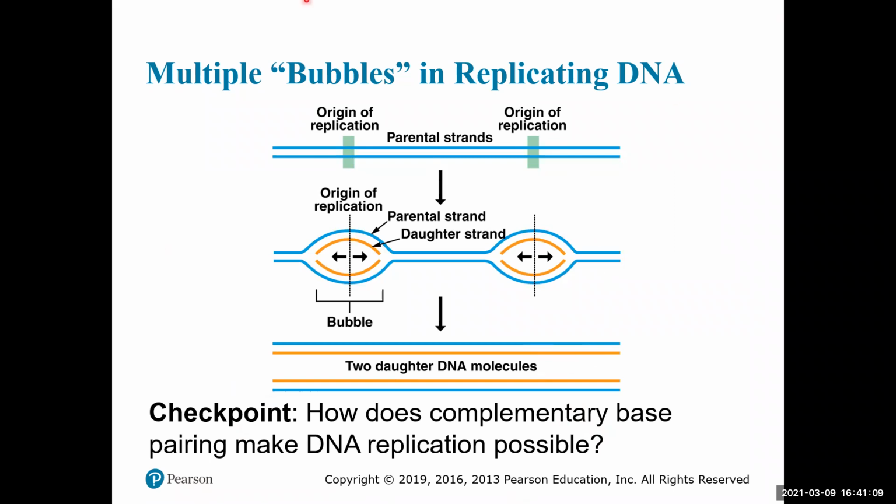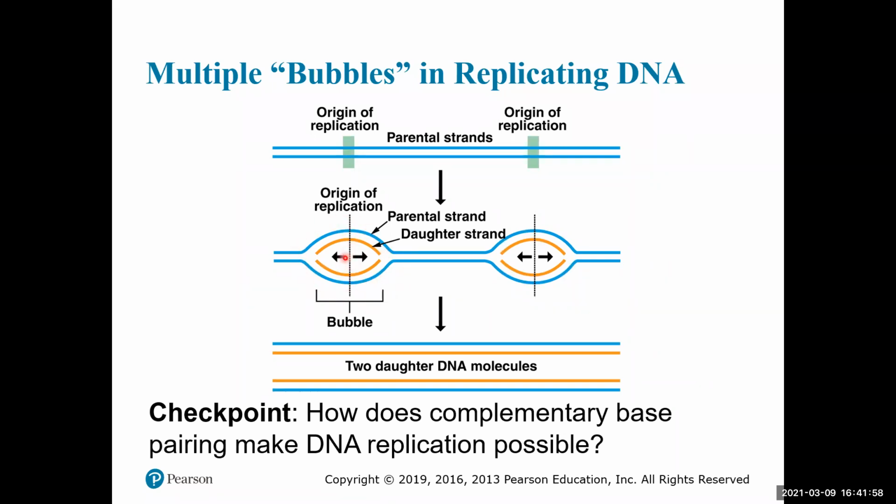Here is a figure looking at this replication process. In this figure, we have our original parent strands, or original double helix. We see that there are two origins of replication sites on this parent strand. These two origin of replication sites are where the DNA molecule is going to start unwinding or separating initially. You'll have an enzyme that will go in and separate those hydrogen bonds, and what you end up with is this replication bubble.